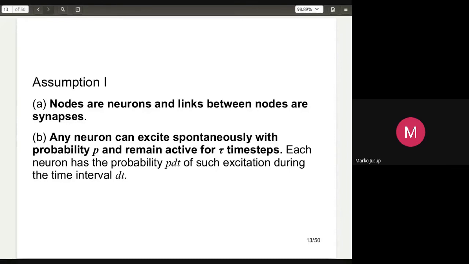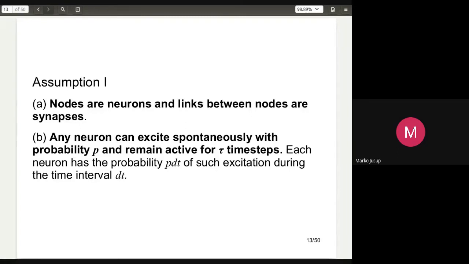So in this example, we say, okay, network nodes are neurons, and links or edges between nodes are synapses. As simple as that. So we are representing a biological system, in this particular case a bunch of neurons in the brain, as a network in which each neuron, each cell, is a node, and neurons are connected.